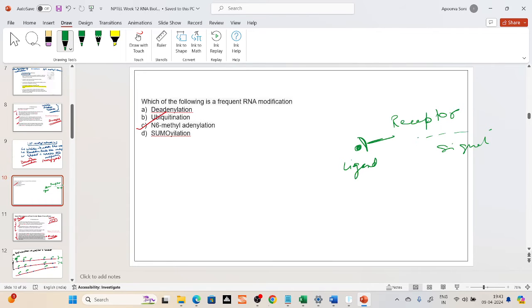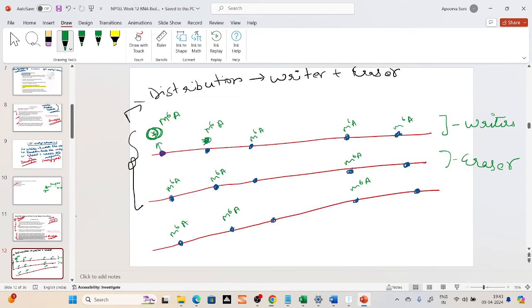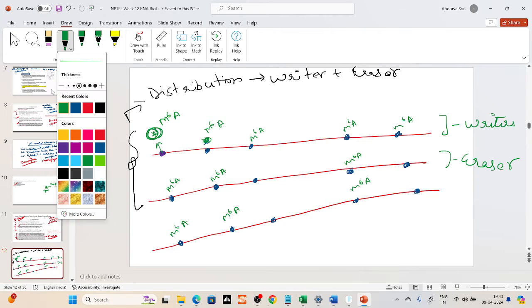Any ligand can perform its activity only when it is bound to a receptor. So there has to be a receptor which will recognize this ligand, and ultimately it will start the signaling process. Likewise, here also, consider these modifications as ligands. Now these modifications have to be recognized by some proteins, and ultimately after the recognition, function would be performed. So that recognition would be performed by whom?